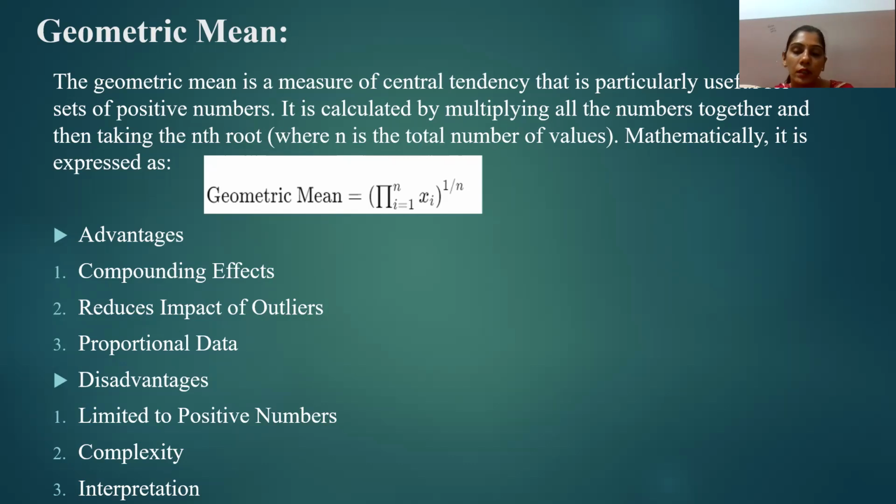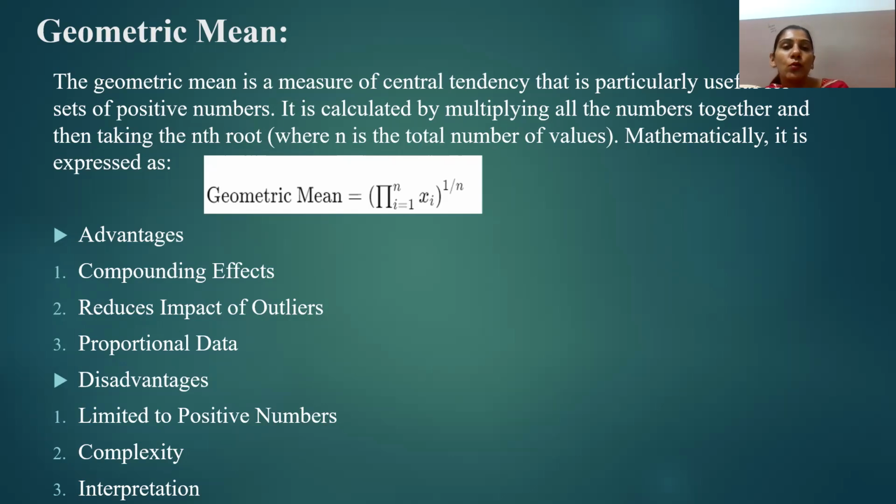On the basis of these advantages and disadvantages of geometric mean and its applications, we can say that the geometric mean is a powerful statistical tool in business statistics, especially for analyzing growth rate, calculating investment return, and index numbers.